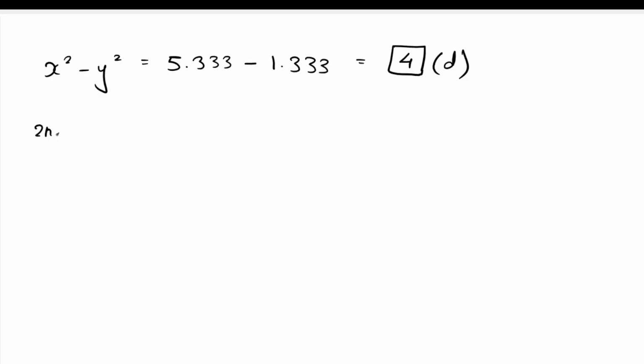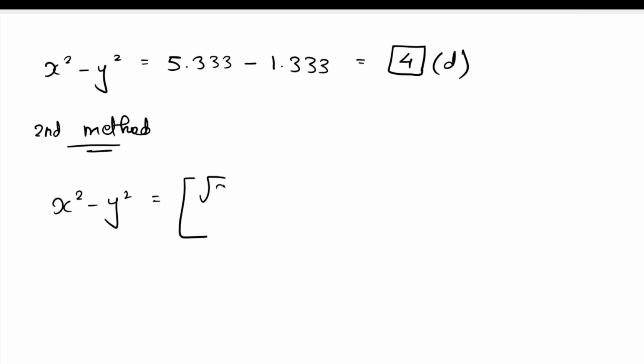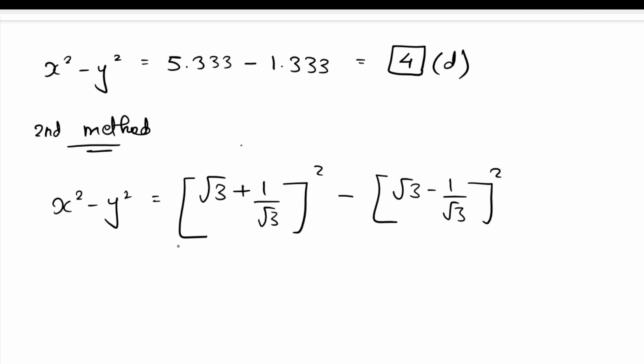Now the second way of solving this is, we are supposed to find x square minus y square, which is equal to, x is root 3 plus 1 by root 3 the whole square minus y square is root 3 minus 1 by root 3 the whole square.